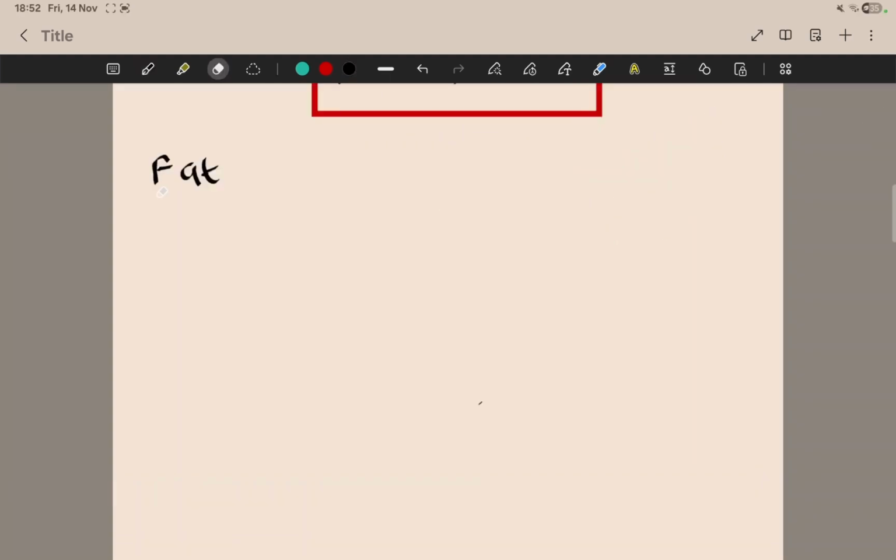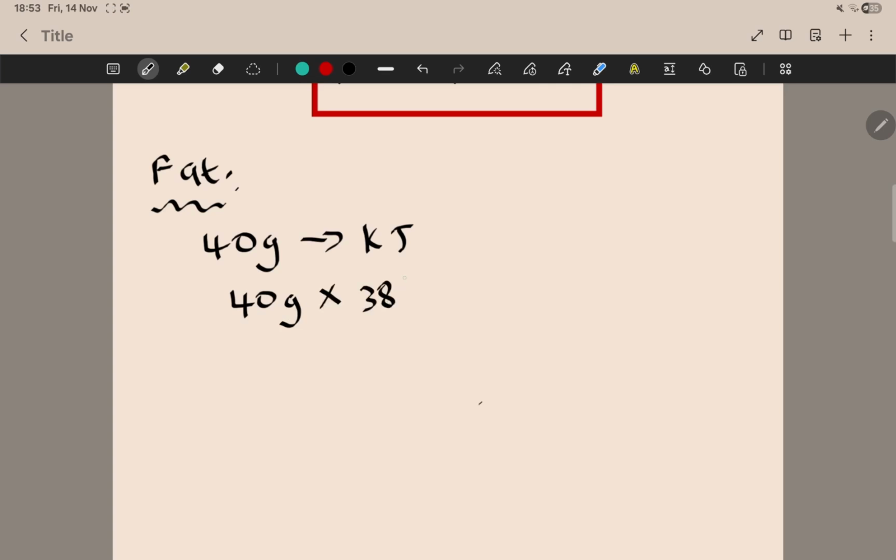Okay, so let's convert fat. So we're going to say 40 grams of fat. We want to convert that to kilojoules, and then you just simply go 40 grams multiplied by 38 kilojoules, because 1 gram of fat is equal to 38 kilojoules.